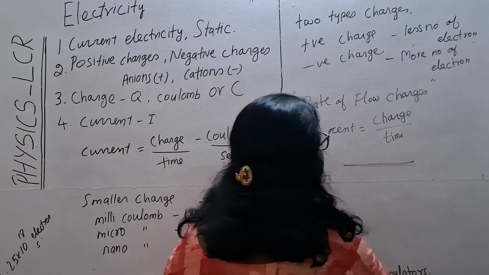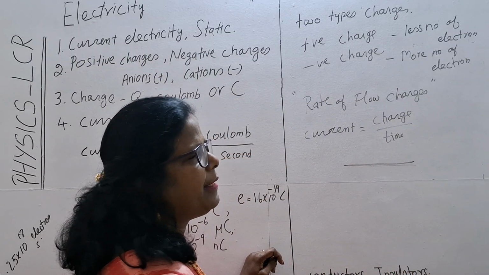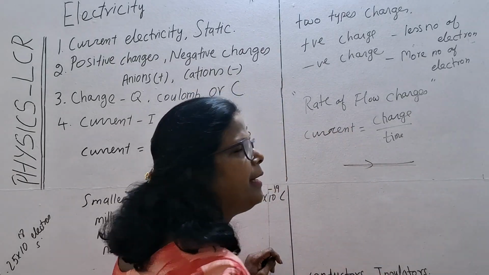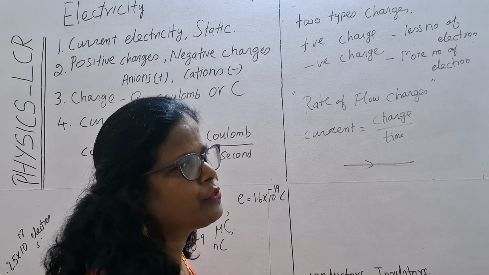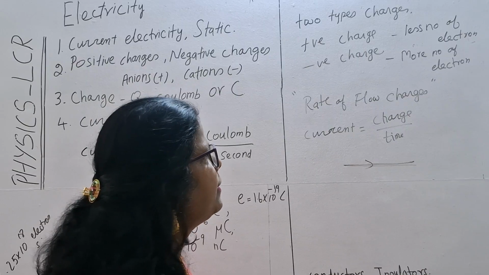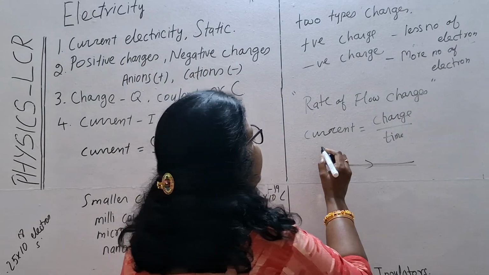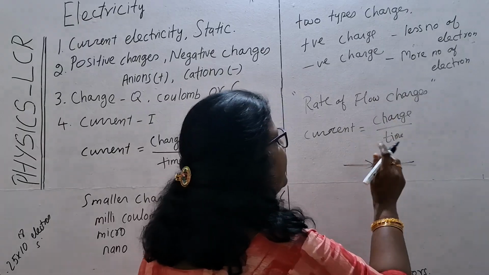Here we are going to study current. The rate of flow of charges is known as current, so we define current equal to charge by time.